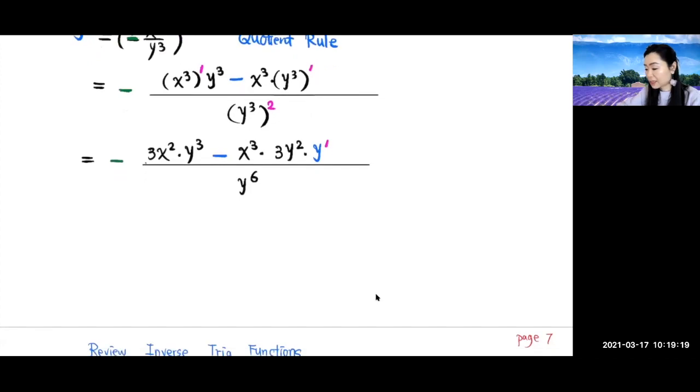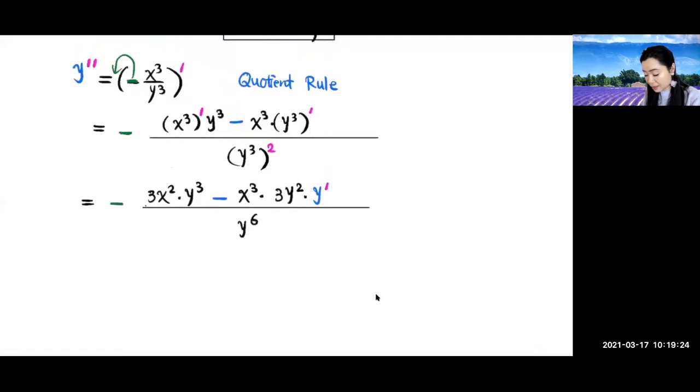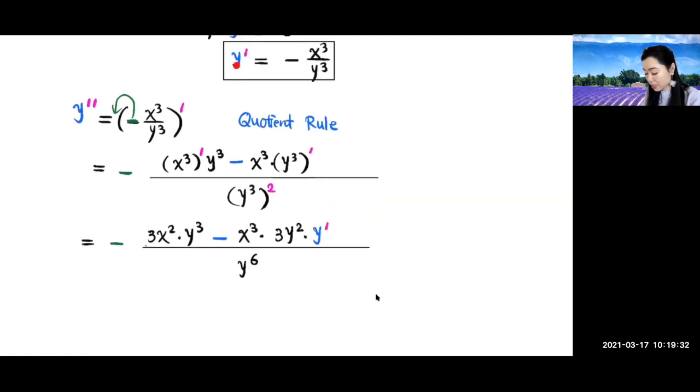Okay. Now let's simplify this a little bit. Now notice that this second derivative is actually expressed in terms of the first derivative right now. So how about we substitute y prime equal to this into this?